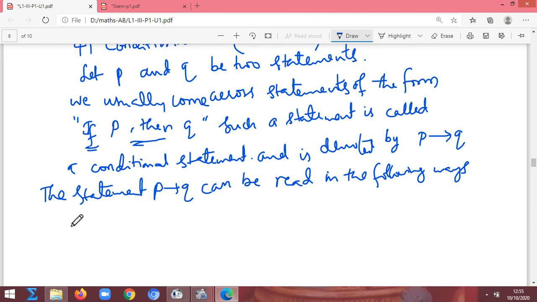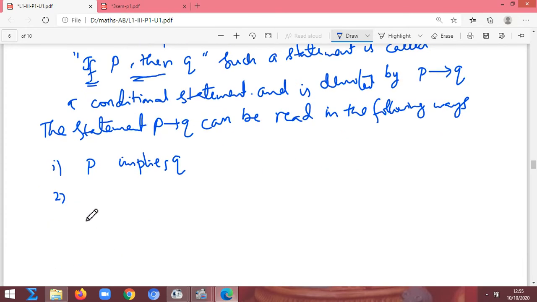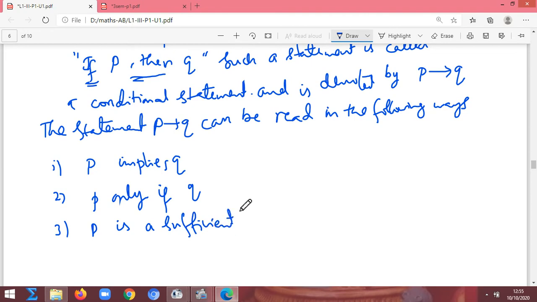First, p implies q. It is normally what we use. The second one, p only if q, that is, p is true only if q is true. Third, we can say that p is a sufficient condition for q.